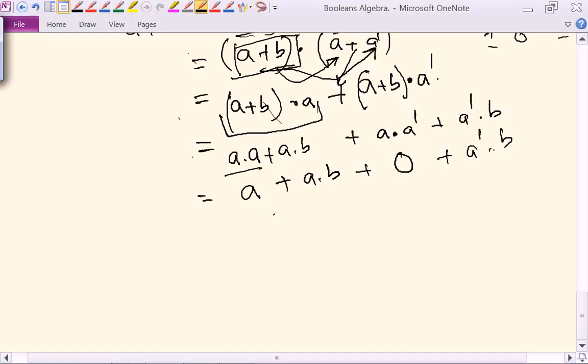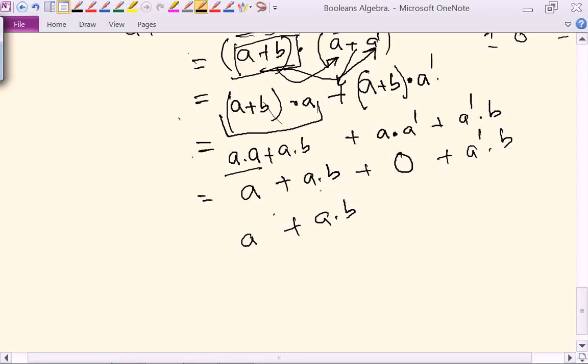Okay. Among these two, I will take A as a common. I can first say A or A and B, because A and B are with 0, that will be A and B, right?